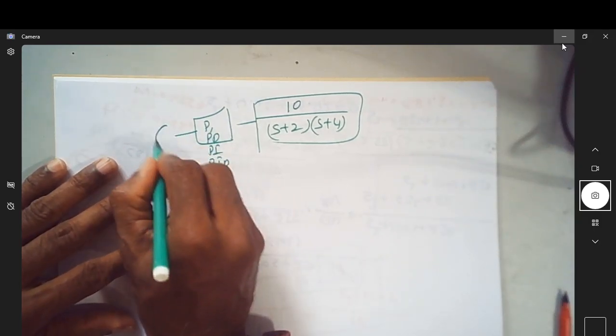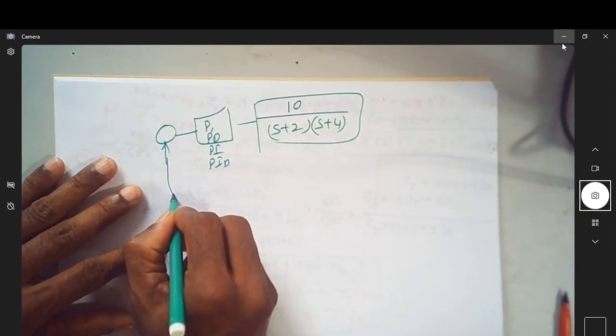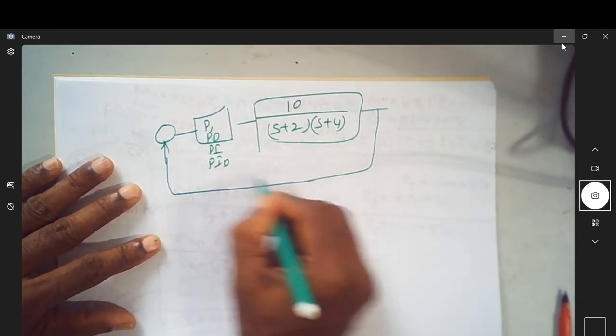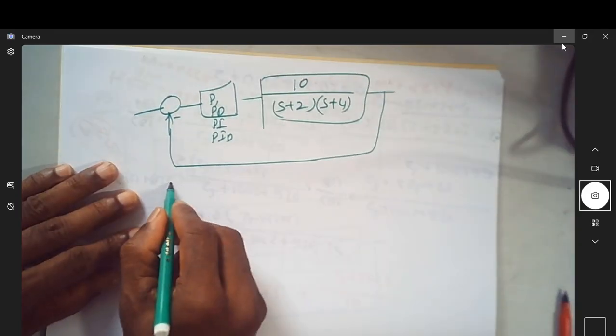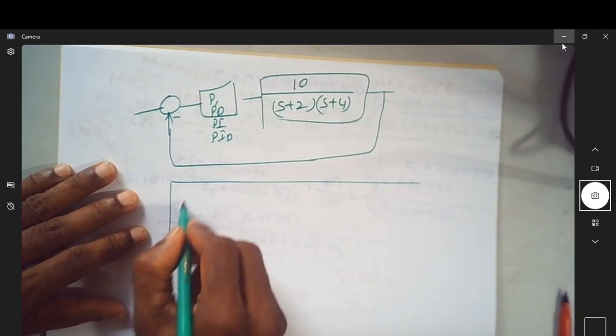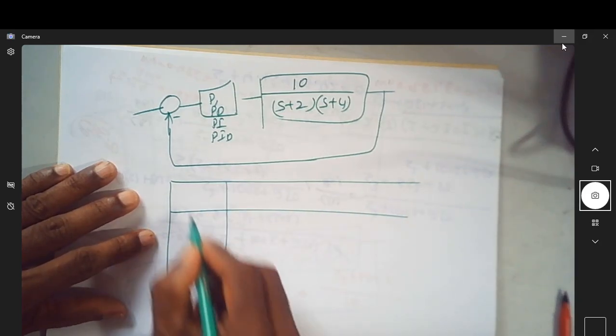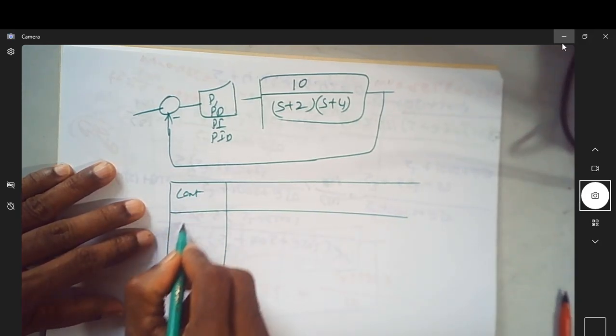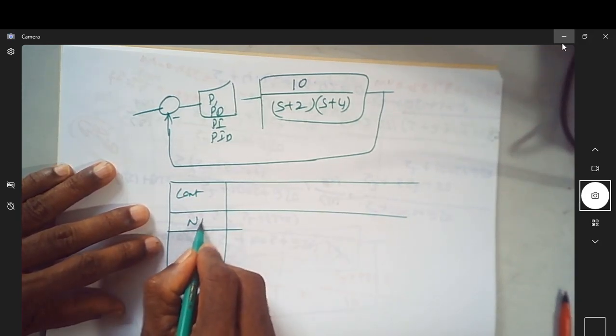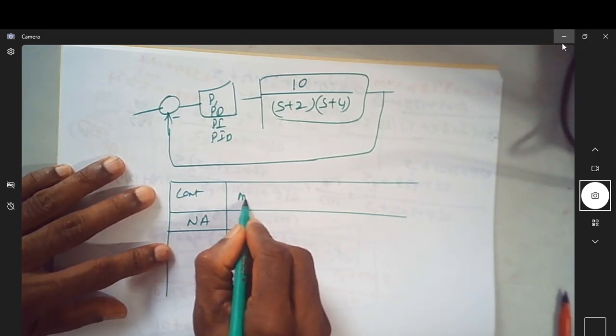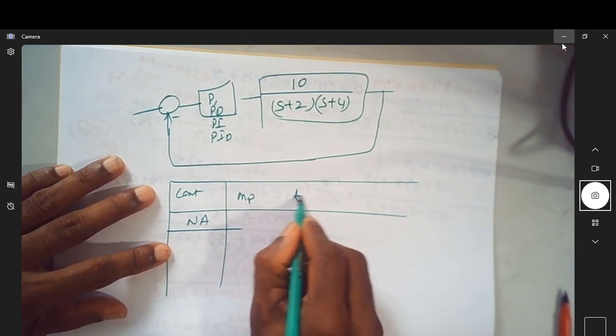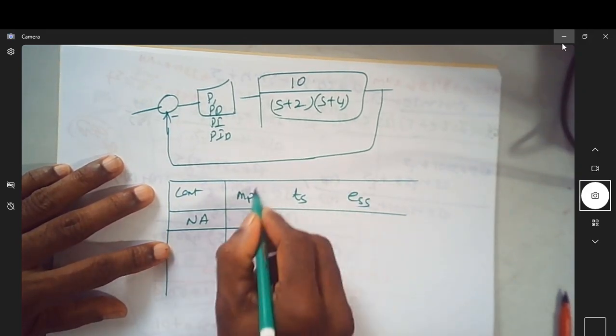So for all these we actually found out. This is the unity controller. If the controller is not applied, what is your Mp, settling time and ESS?